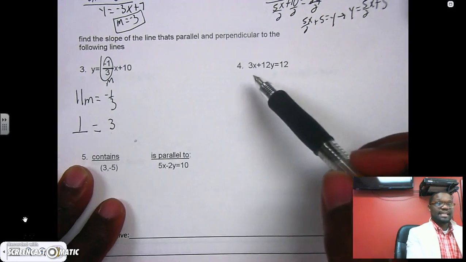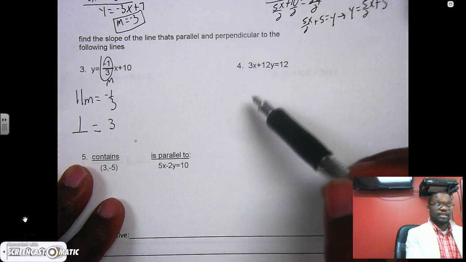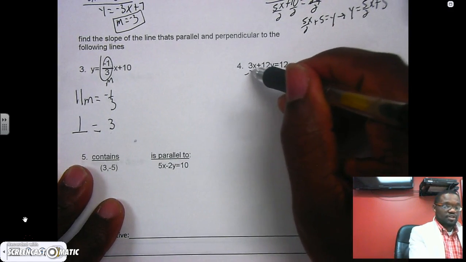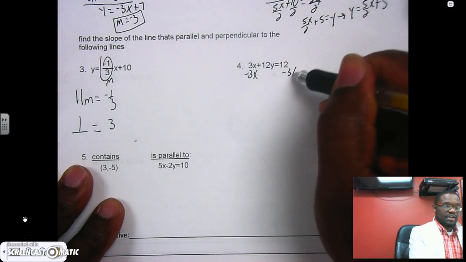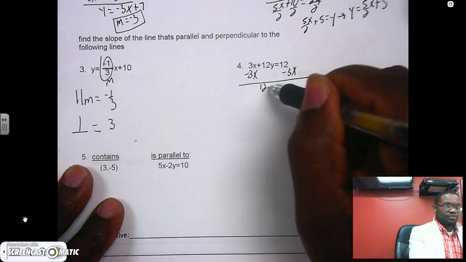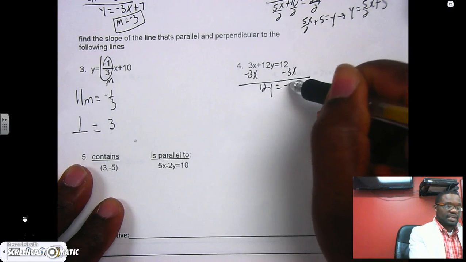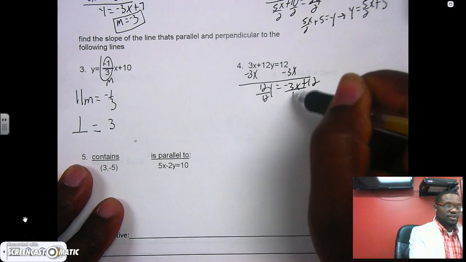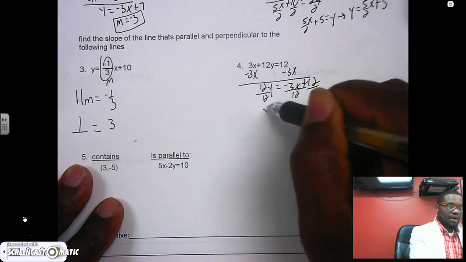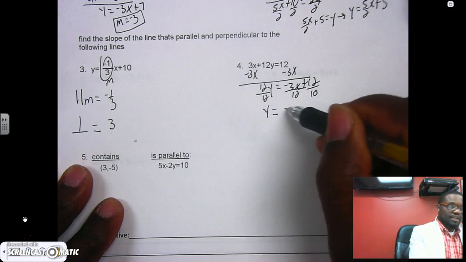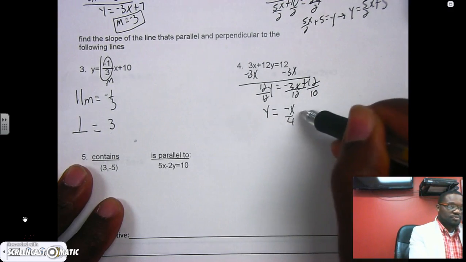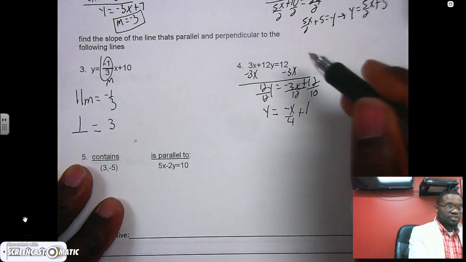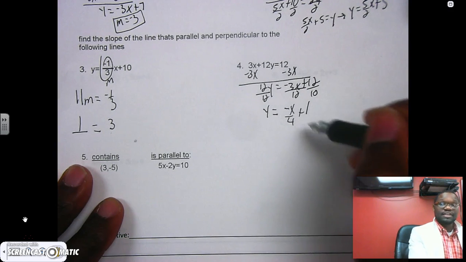Now over here, we cannot tell anything about the slope yet because it's not in the proper form. So I subtract 3x from both sides, and I have 12y equals -3x plus 12. Divide everything by 12, and you get y equals -x over 4 plus 1, where the slope here is not -x over 4.